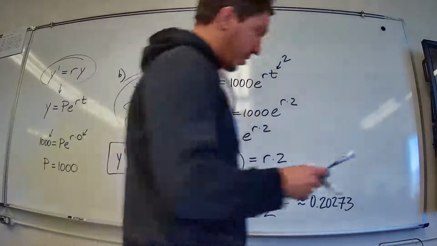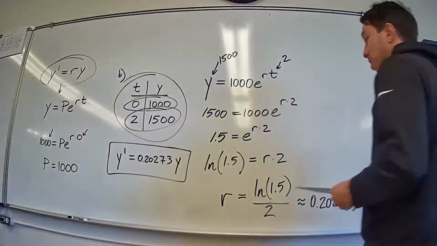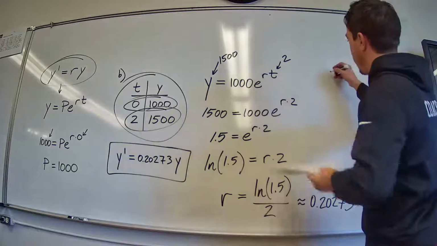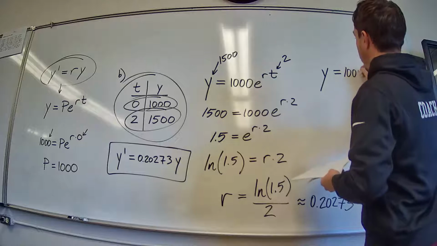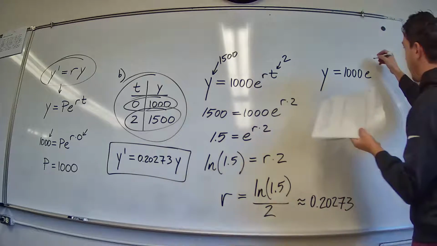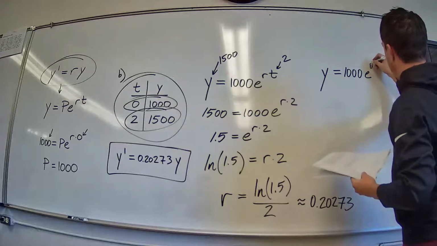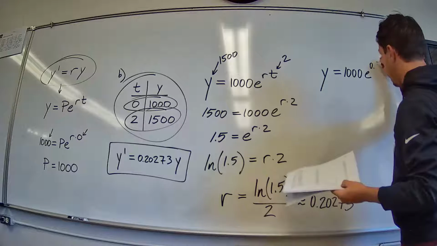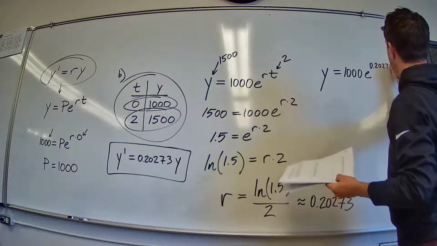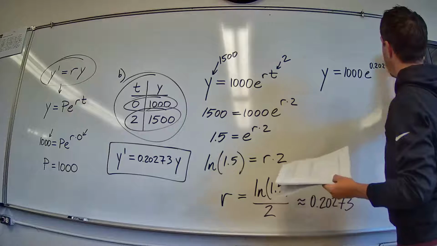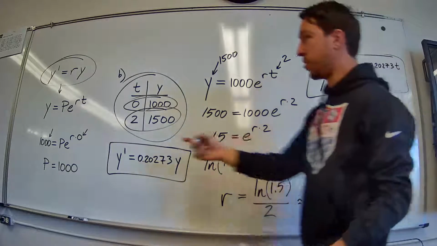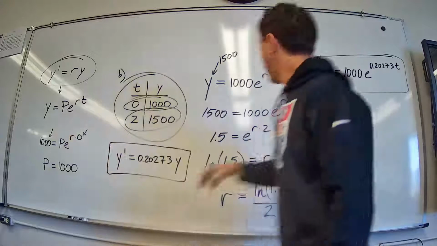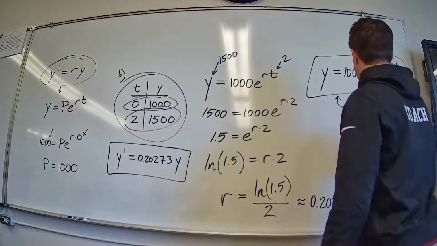That's the particular solution. Oh, no, sorry, the particular solution is the function that actually does that. So this is called the general solution, and the particular solution is right here.